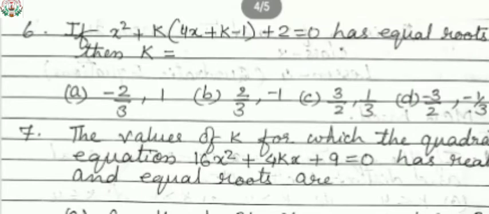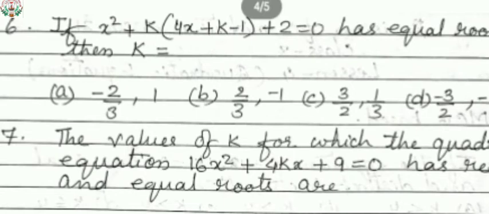On multiplication you get x square plus 4kx plus k square minus k plus 2, where the constant term c will be k square minus k plus 2, b will be 4k, and a is 1.